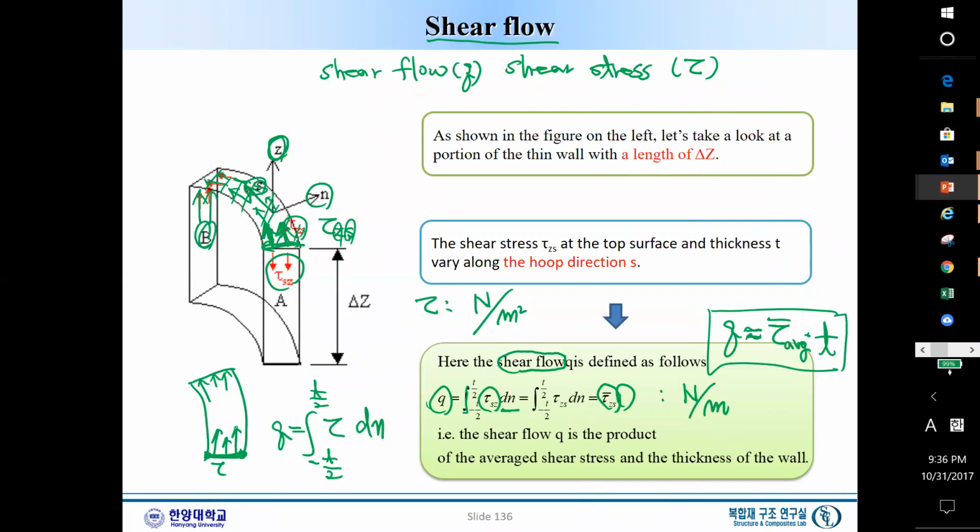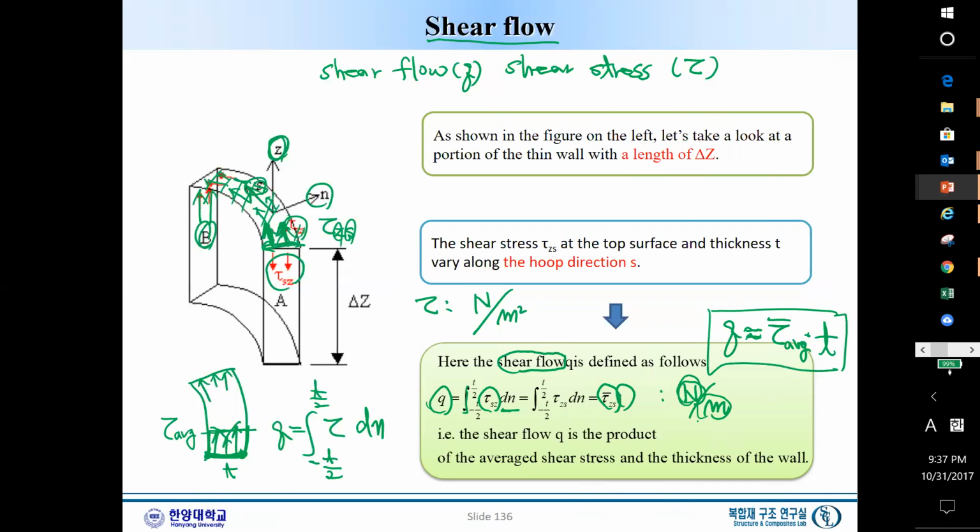Let's say this is a real distribution of the shear stress like that, and this will be the average, tau average, times the thickness T. So thickness T times this average can be defined as the shear flow. Dimension-wise, shear flow is a Newton force per length.